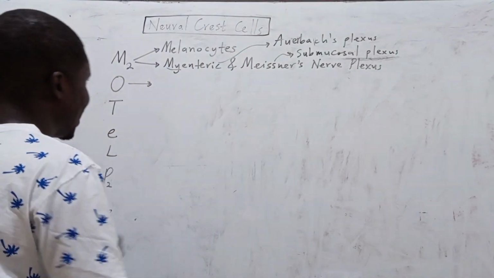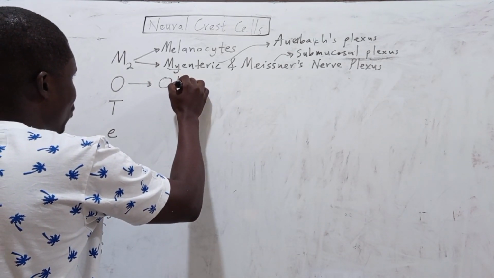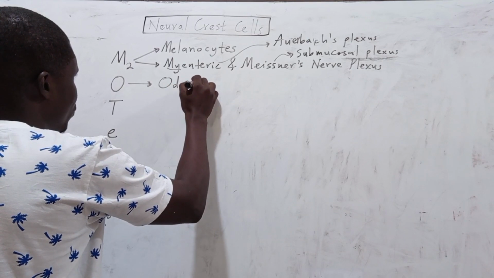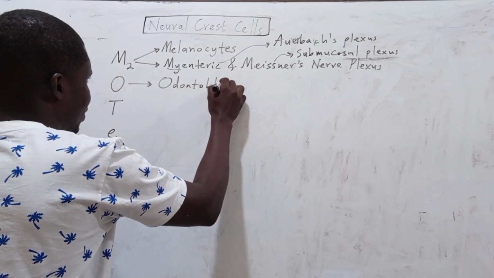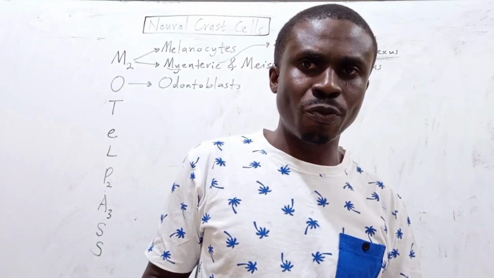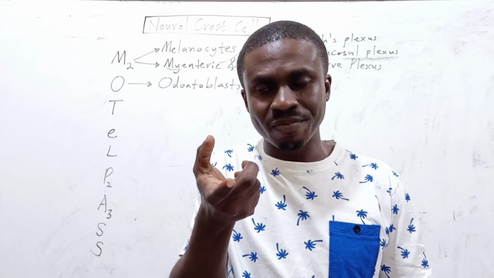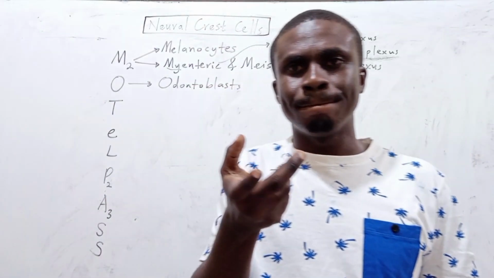Now the O over here is what we call the cells. We call them odontoblasts. My friends, one thing I want you to know about odontoblasts is that they are those cells which form the dentine of your tooth.